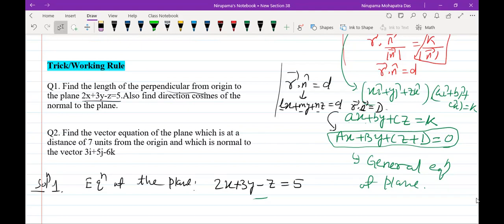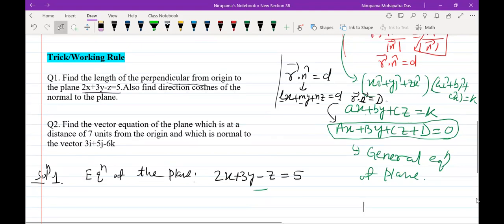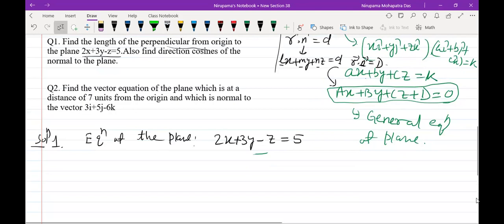Now we have to check whether we have ABC or LMN, the coefficients of x, y, z. In one case LMN are direction cosines, in the other case ABC are direction ratios. How to check it?